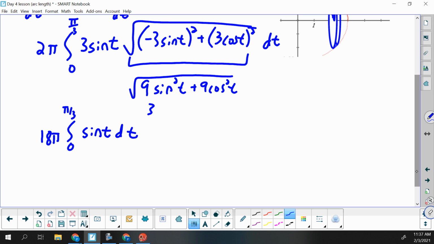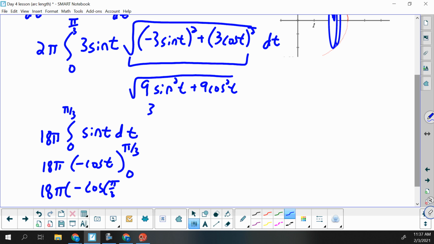So the antiderivative of sine, we just got negative cos. So we got 18 pi negative cos of t, and we're going from 0 to pi over 3. So that's 18 pi times minus cos pi over 3 plus cos of 0. Pi over 3 is 60 degrees.